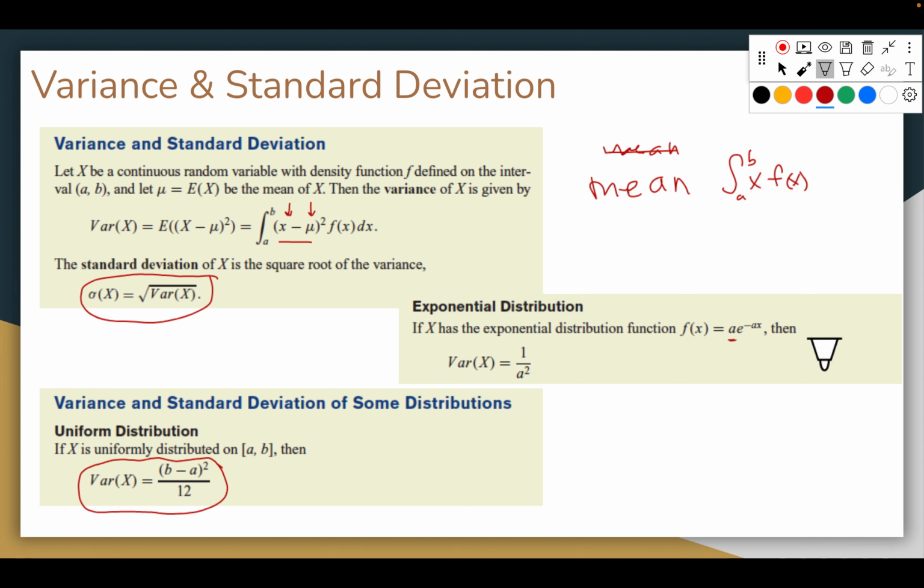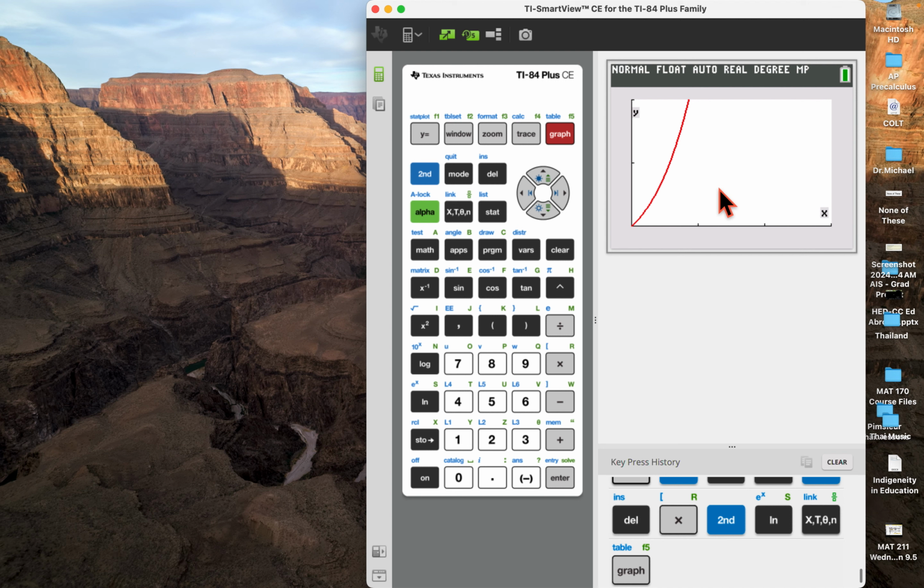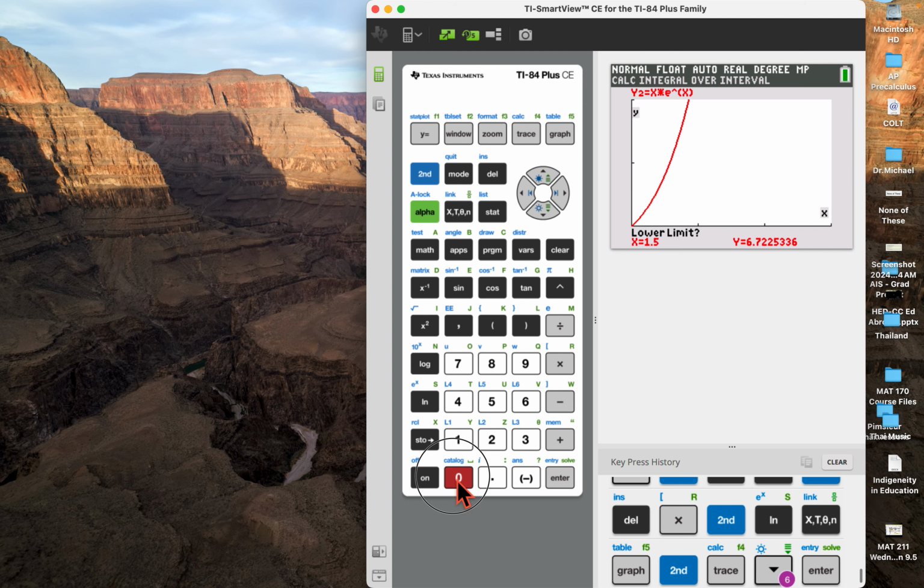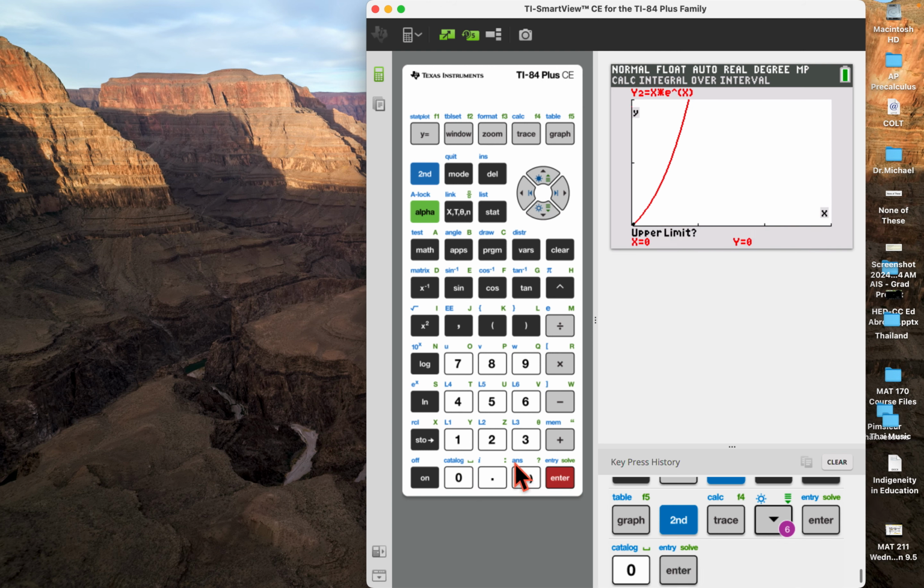We go back to our graph. Notice the graph has changed because it's now a function that gives us the mean. It is not the probability distribution anymore because we're multiplying it by x. I want you to think through that process. We use the same limits: we integrate from 0, the lower bound, to natural log of 2, the upper bound.